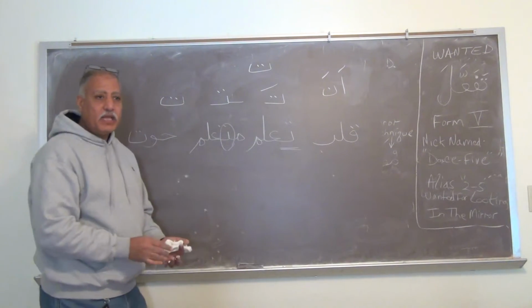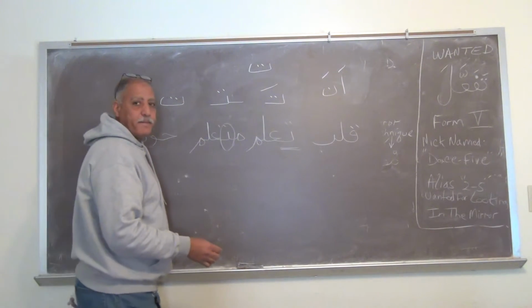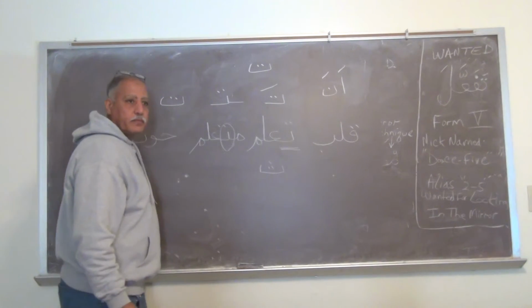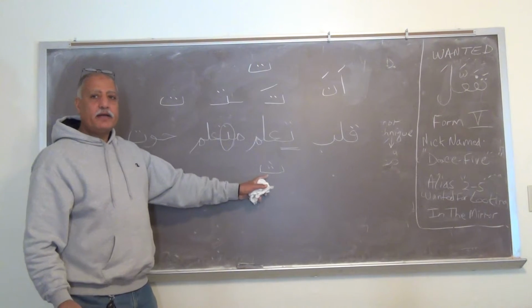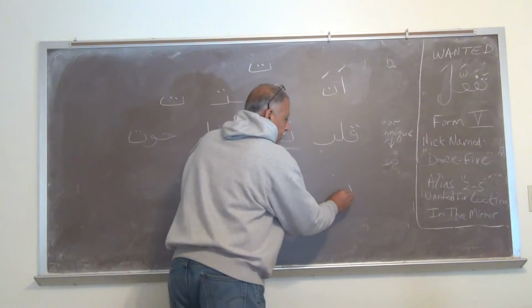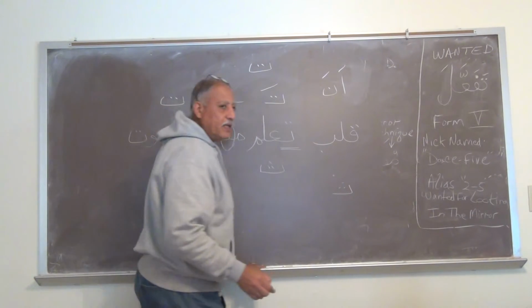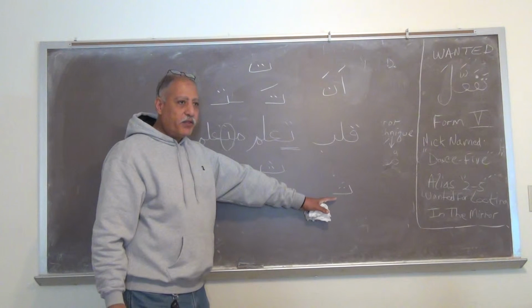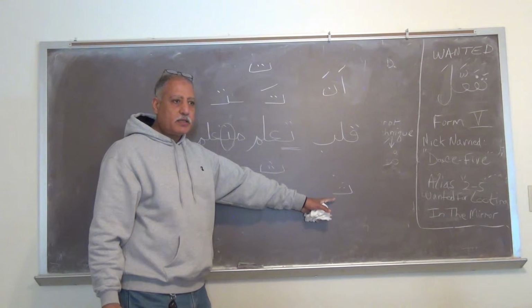The next letter is going to be حرف الثاء. ثاء will be the same exact thing as حرف الباء والتاء, shown in the same way. ثاء at the beginning of the word is going to be like this.